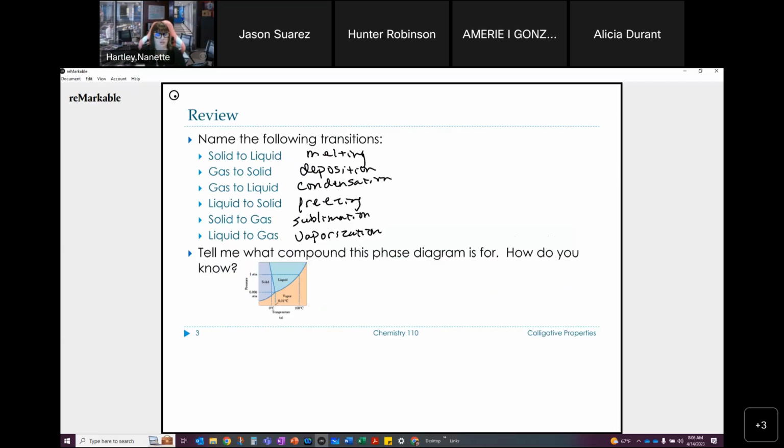One of the other things that we talked about, tell me what compound this phase diagram is for, and how do you know? So I said that you'd get a question like this, and you of course will, because I love to ask them. This diagram right here, based on what I'm looking at is this line right here. I can see that that is a negative slope. Because it is a negative slope, this is water.